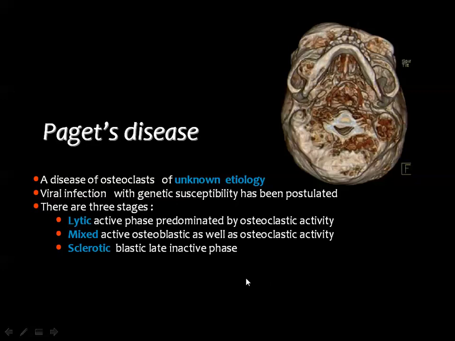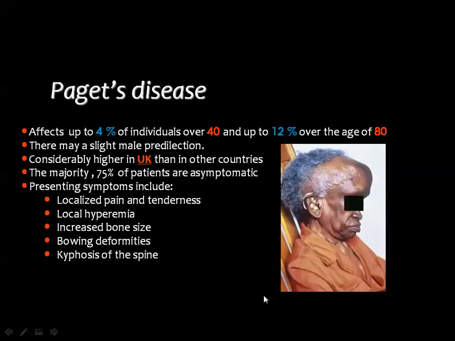There are three stages of Paget disease: the lytic phase, the mixed lytic and osteosclerotic phase, and the sclerotic phase. Paget disease affects about 4% of individuals over the age of 40 and up to 12% of patients above 80 years of age.